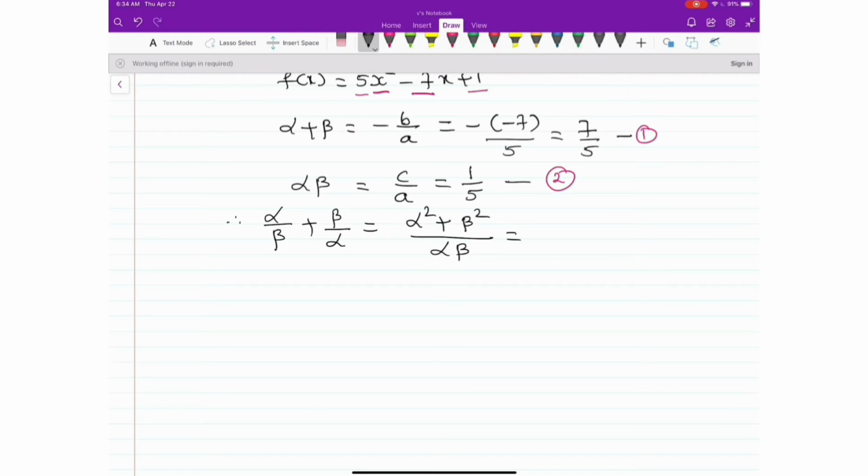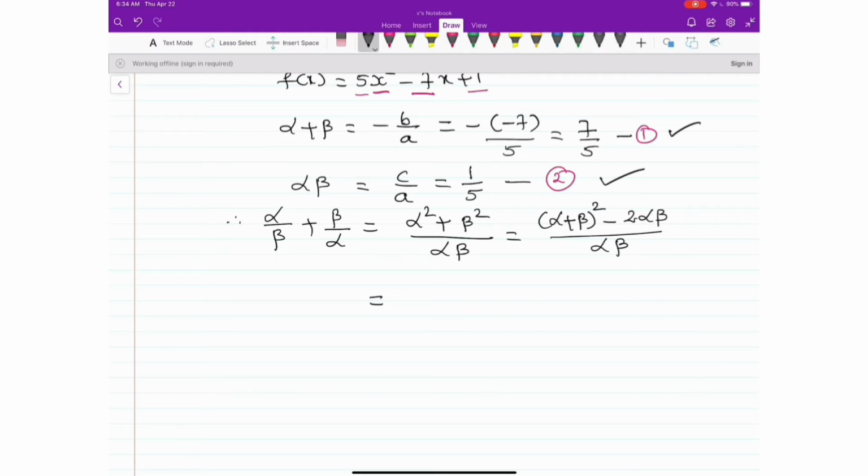Already I told you, alpha² + beta² is nothing but (alpha + beta)² − 2 alpha beta, all divided by alpha beta. Alpha plus beta is 7/5 and alpha beta is 1/5. So let me substitute over here.